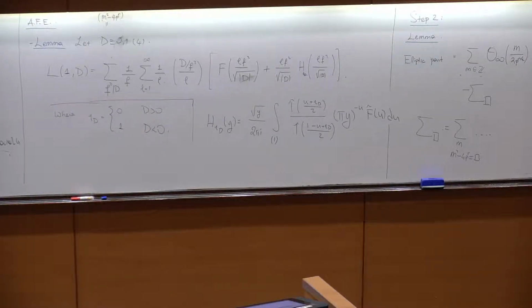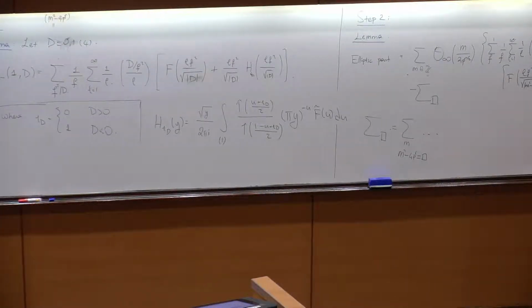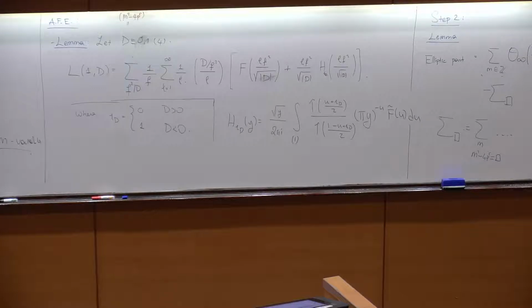So let's put a proposition here, that the elliptic part over there is equal to, or rather, let me do this: elliptic part minus this plus, is that plus or minus? Sorry, plus, yep. Apologies. I just wanted to put that guy on the left. Is equal to the sum over p to the r by 2 over 2. This is coming from the relation. So f from 1 to infinity.